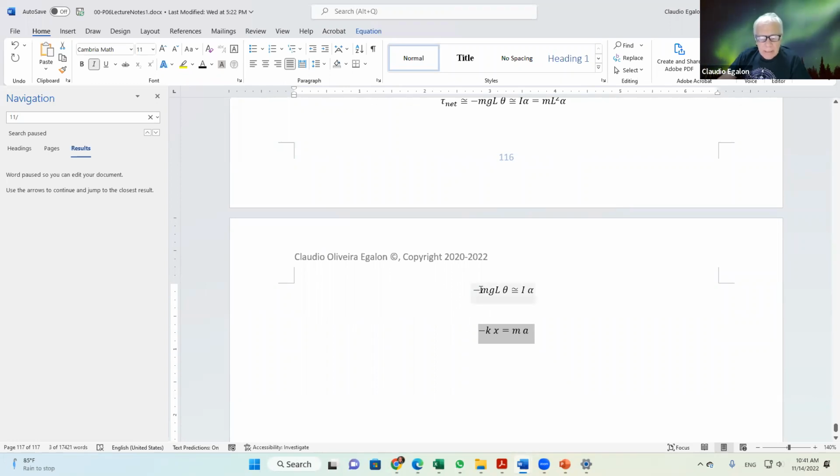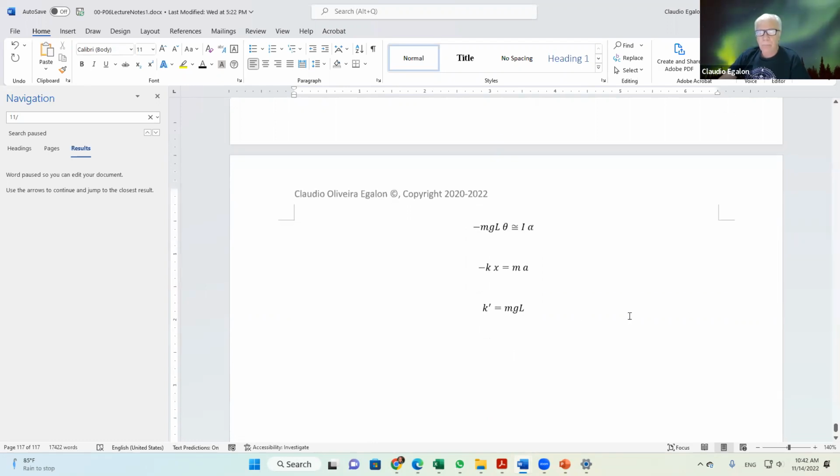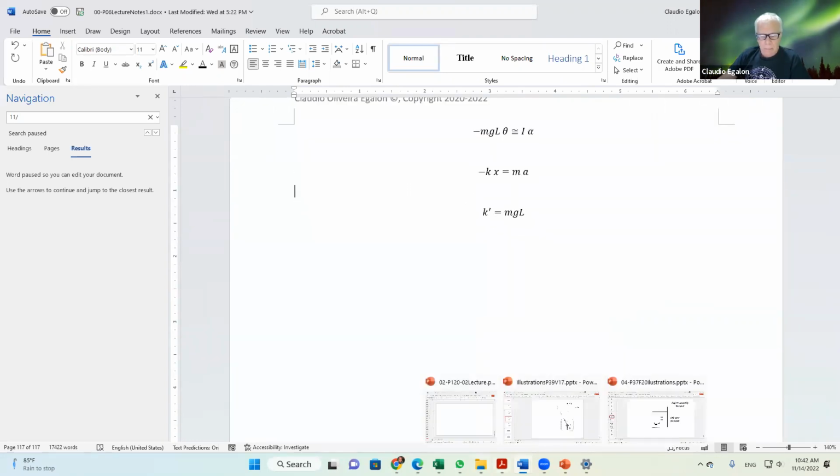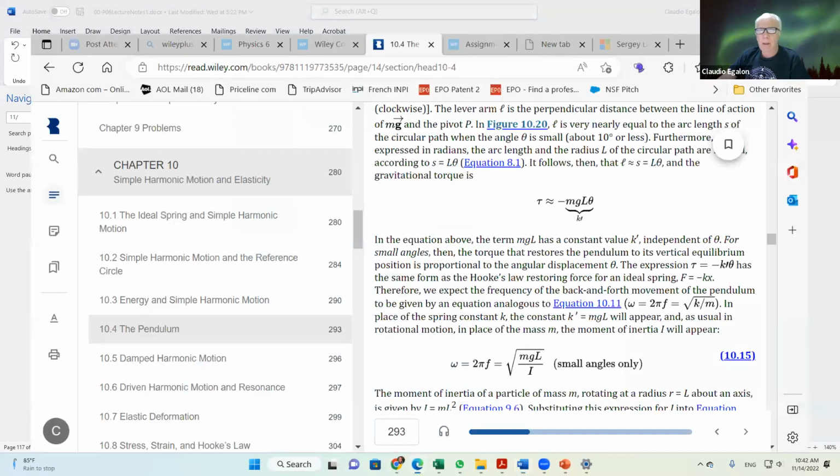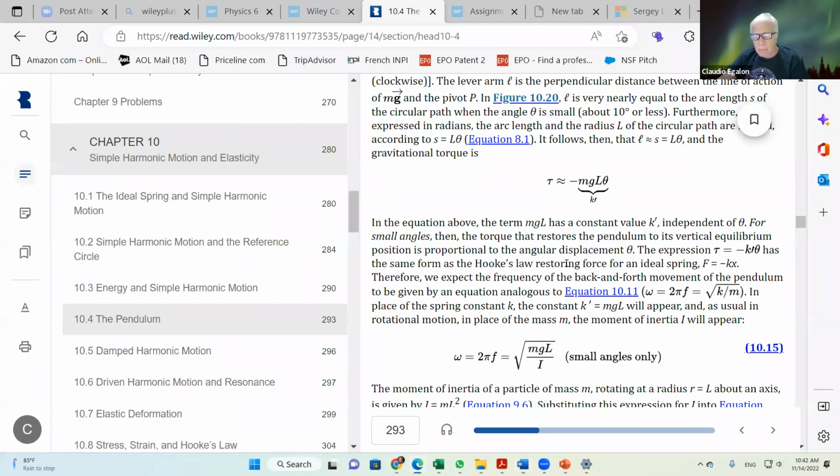So we can state that what you see at this spot is the so-called K prime, as your book calls it. That's what your book did here. He meant mgL.